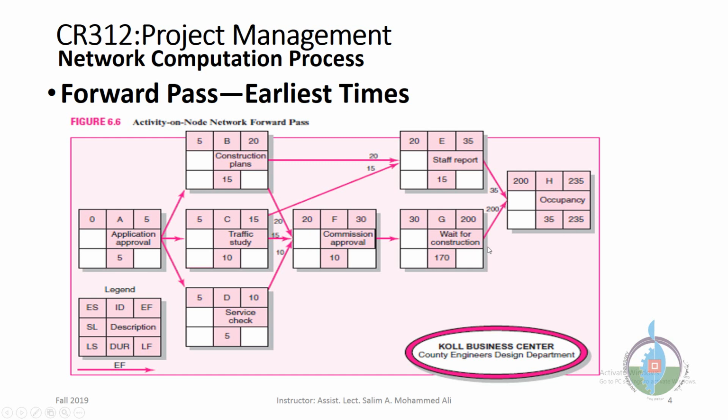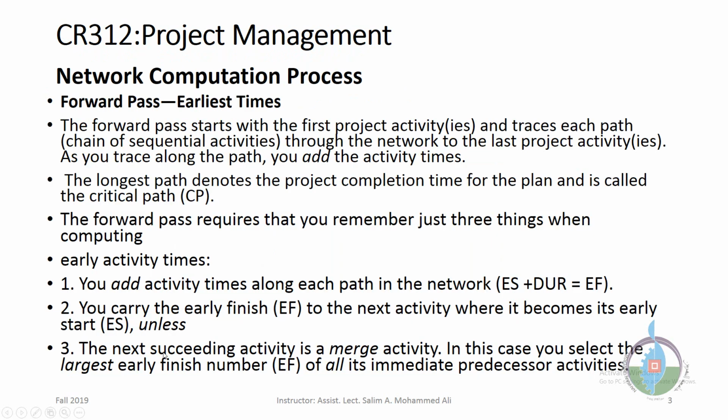Okay, remember the following sentence. When the next succeeding activity is a merge activity, which early start should we use? In this case, you select the largest early finish for the early start of the merge activity. Let's see in the example.